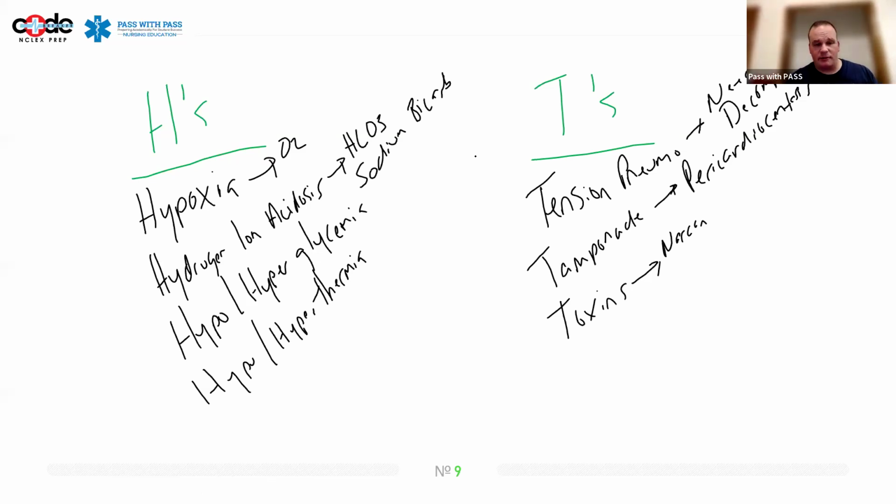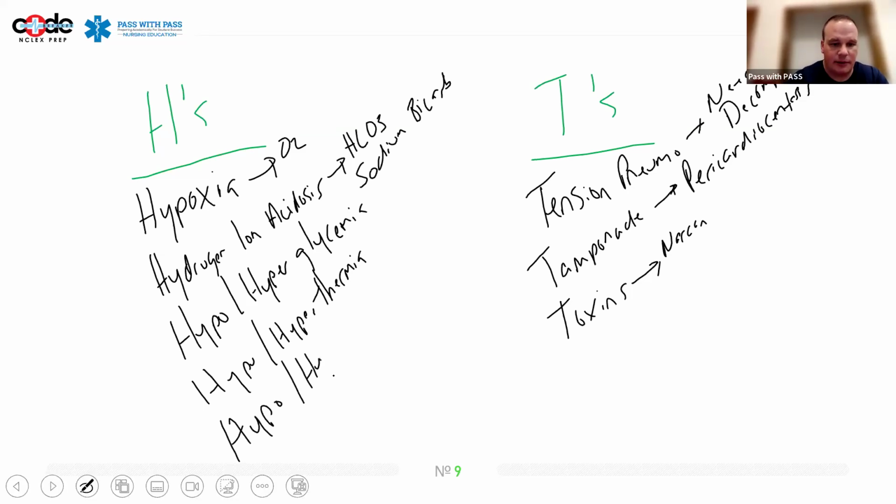So if a patient's in ventricular fibrillation or pulseless VTAC, just by me giving them bicarb or D10 or Narcan, that's not going to fix the cardiac arrest. It's too late for that. But what it is going to do is put them in a little bit more favorable position if they do have ROSC to kind of recover from that.